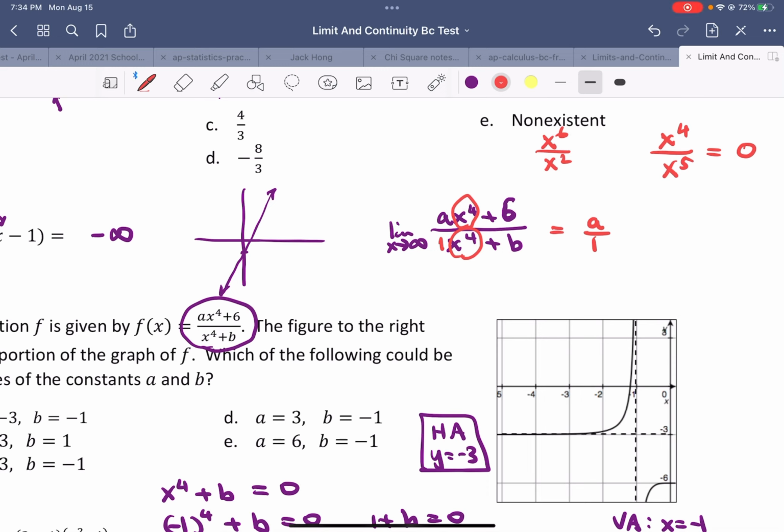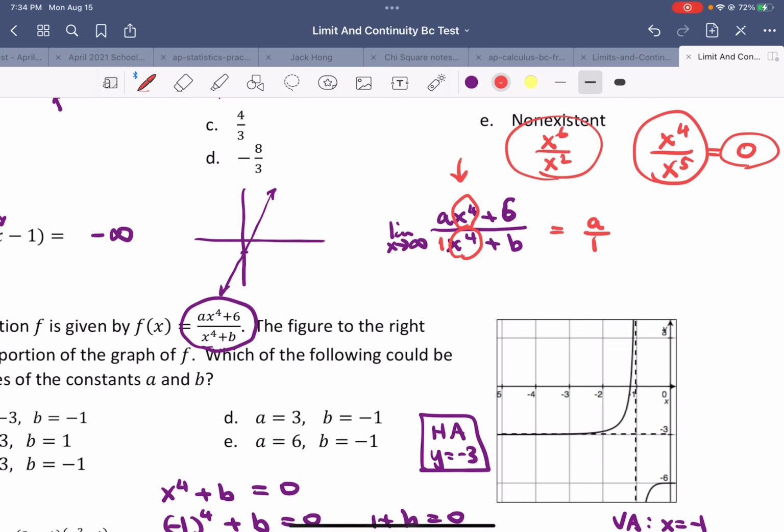So you have 3 cases. If you have the same power, like this example, take the coefficients, so y equals a is the horizontal asymptote. If the denominator has a higher power, then y equals 0 is the horizontal asymptote. If the numerator has a higher power, then there's no horizontal asymptote.